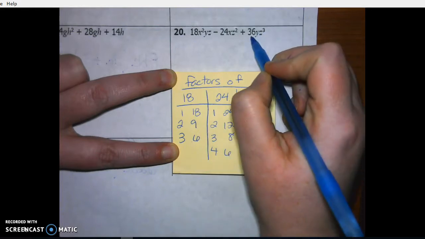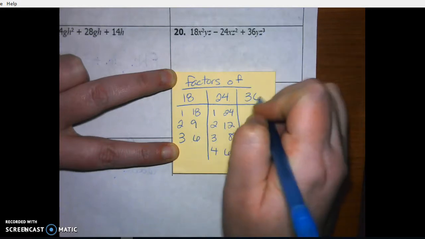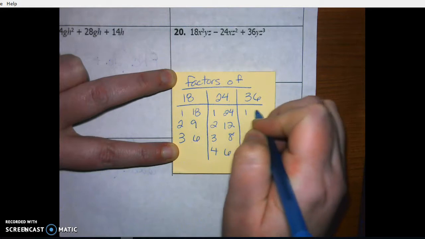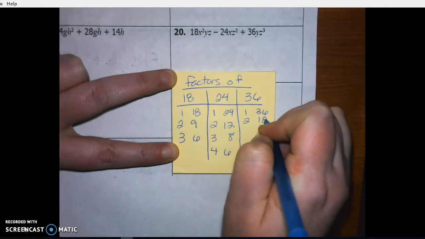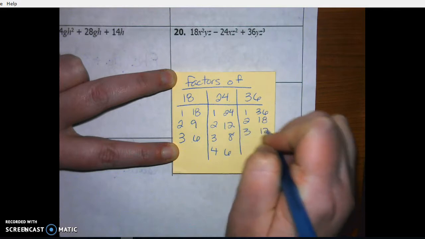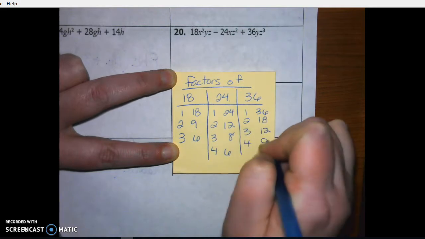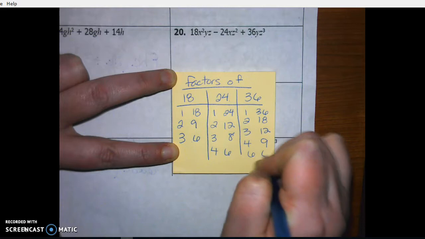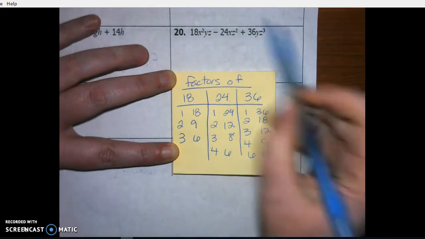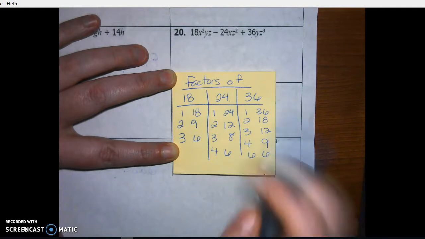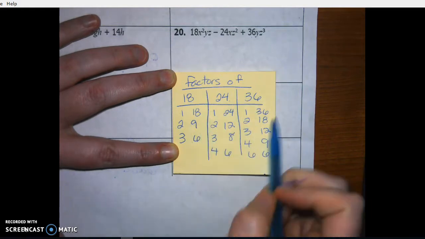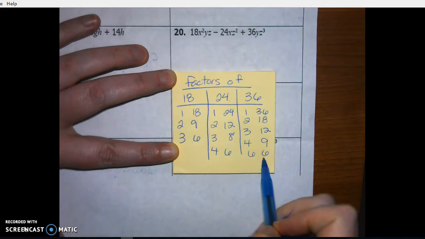Lastly, 36. So we have 1 and 36, 2 and 18, 3 and 12, 4 and 9, and 6 times 6. Remember, it's called greatest common factor, so I have to pick the largest number that is in all three lists.